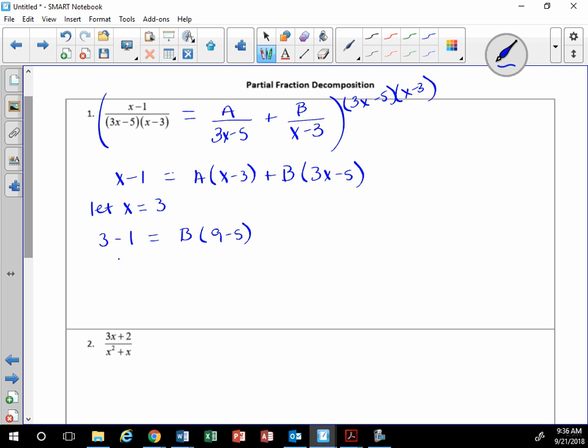So I get 2 equals 4B. So what does B have to be? 1/2? Okay. All right, so I've found part of it.